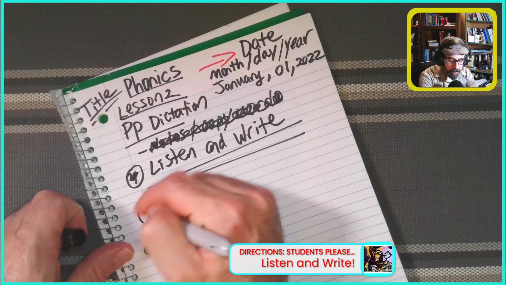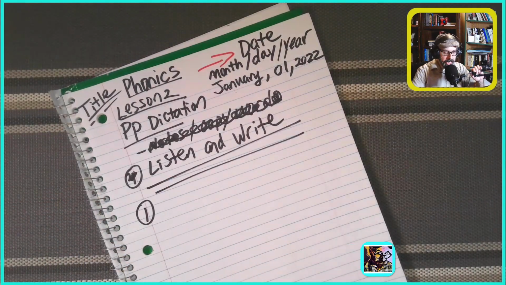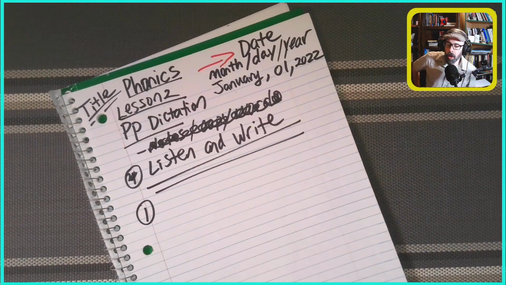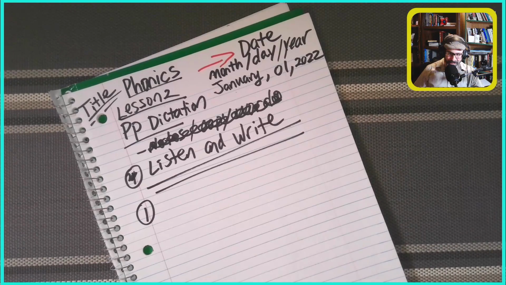We'll start with number 1, and we'll do this together and go through the answers as we go. Are the instructions for listen and write correct? They should be. Yeah.